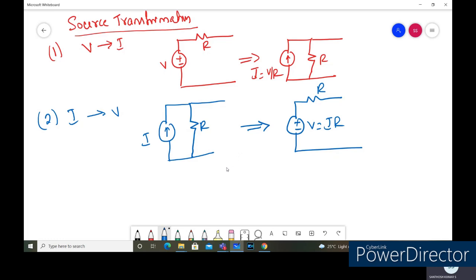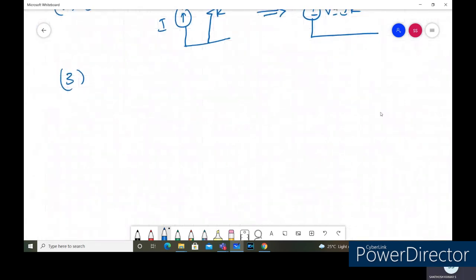Similarly, we can transform the voltage sources which are connected in series. For example, assume that we have multiple voltage sources connected in series. Assume this is positive, this is V1, and this is negative, positive, say V2.